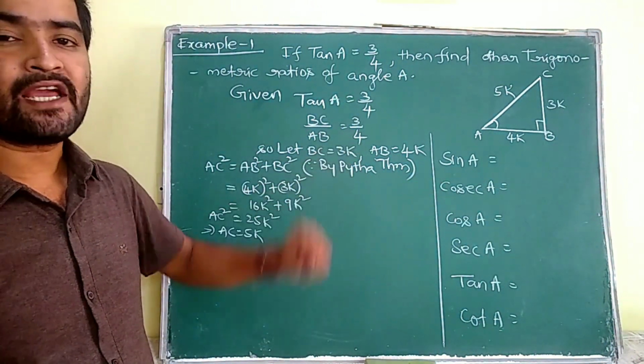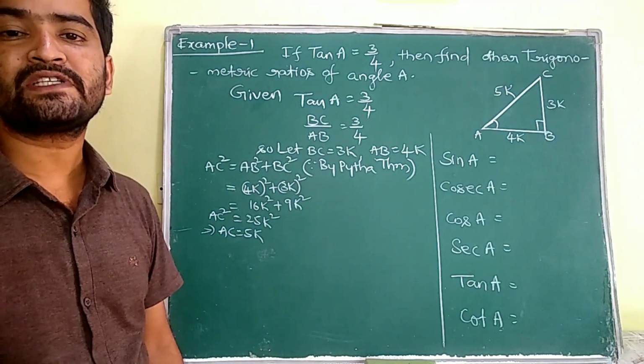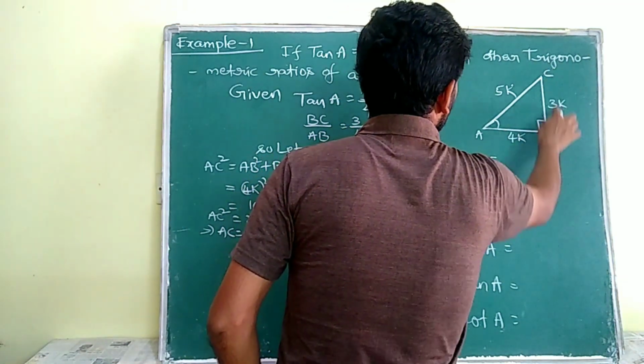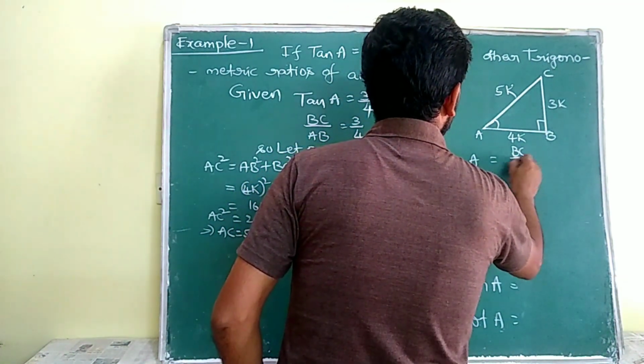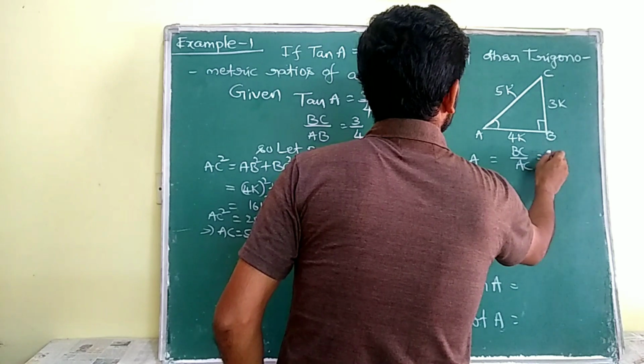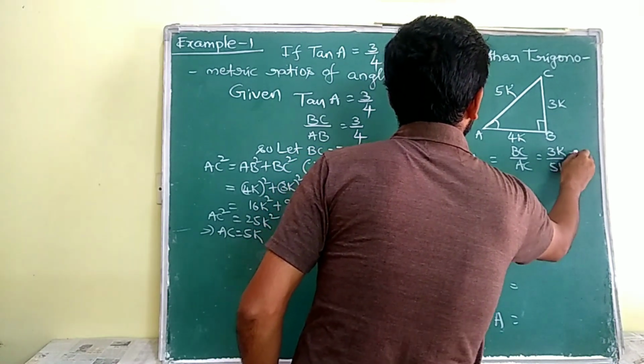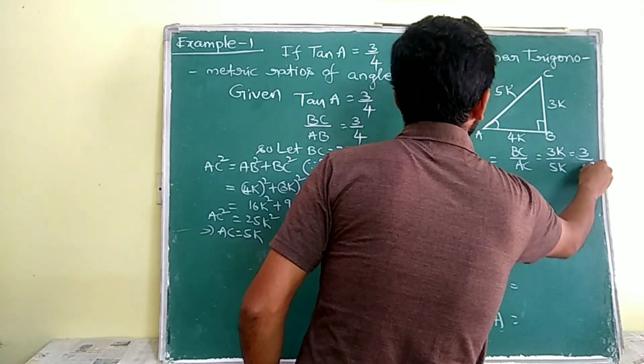See, sin A means we know that A's opposite side by hypotenuse. What is A's opposite side? A's opposite side is BC and its hypotenuse is AC. That is equal to 3K by 5K, that is equal to 3 by 5.